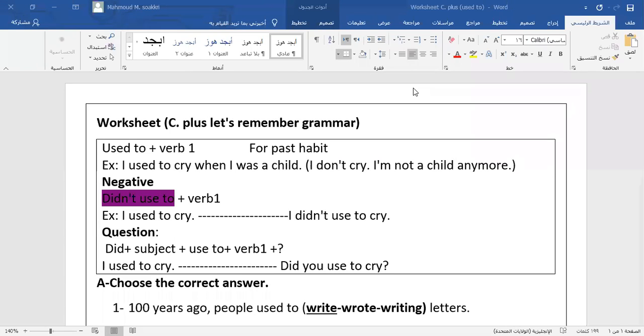I'm going to see the worksheet on Moodle because the worksheet I have here is answered.